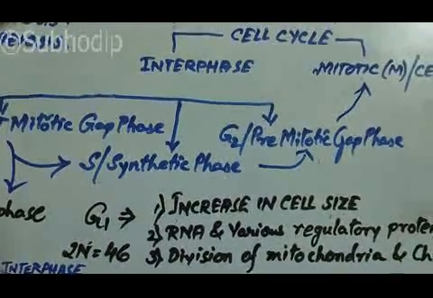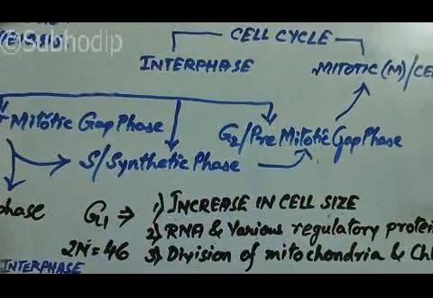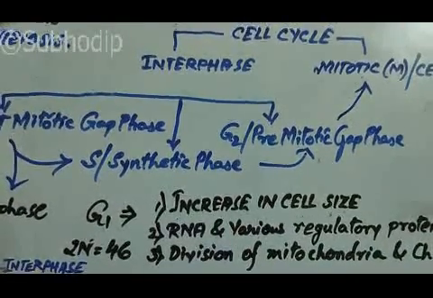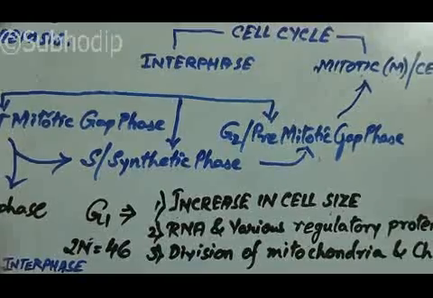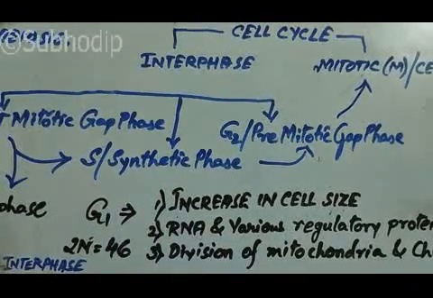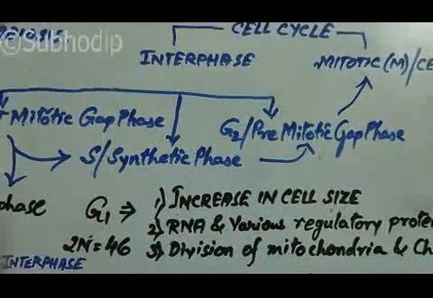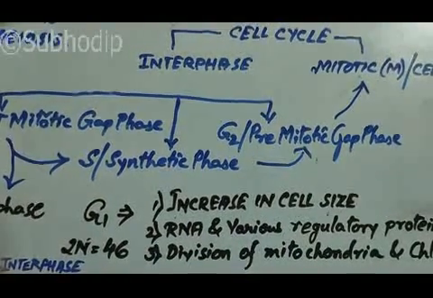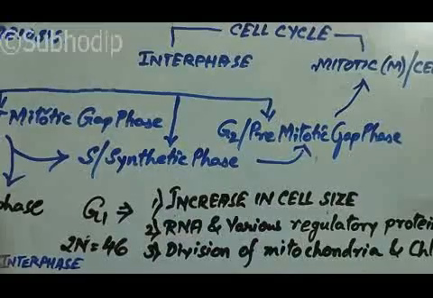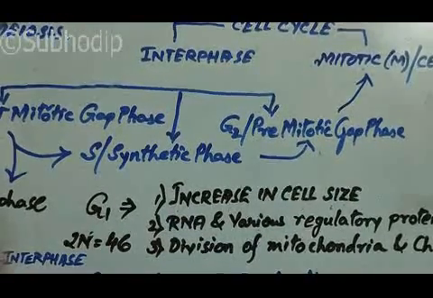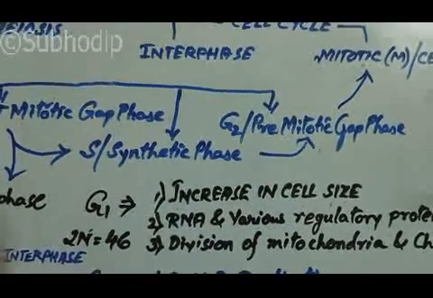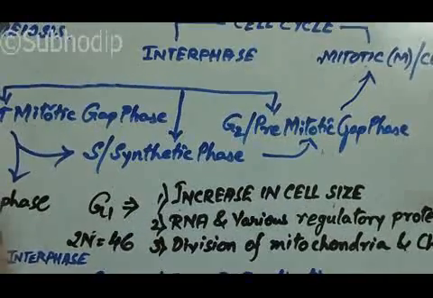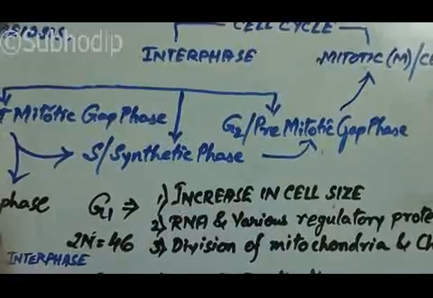Exact replication of DNA and duplication of the chromosomes from one chromatid, that is monad, to two identical chromatids, dyad, occurs. Enlargement of the nucleolus due to the accumulation of RNA and ribosomal proteins occurs. In animal cells, a new centrosome is formed from the existing one with a pair of centrioles.